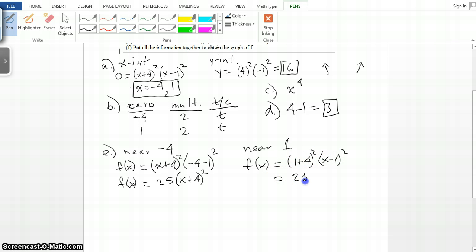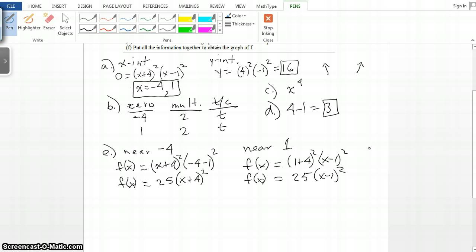If I square it, it's 25. X minus 1 squared. Again, what that shows, the behavior of your function near 1, this is shifted to the right 1, so I am indeed sitting there at 1. It's a quadratic, a parabola, opening up, stretched by 25. So it's coming in pretty steep, touching, turn around, and go back up, like that.